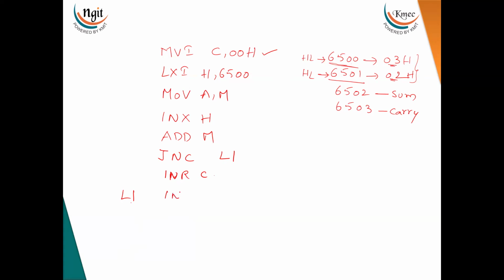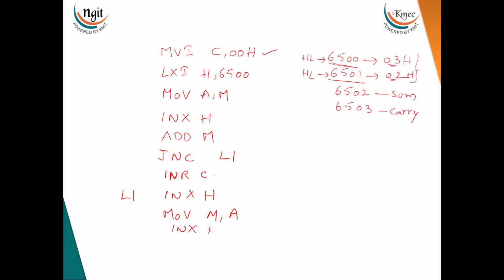Now I have to increment the HL pair once again to store the result. If the carry is not generated, then I increment the HL pair and move the sum: MOV M, A. The sum is in the accumulator, and I am moving it into the memory. Whether or not the carry is generated, the C register holds the carry, and that also we have to move into the next memory location.